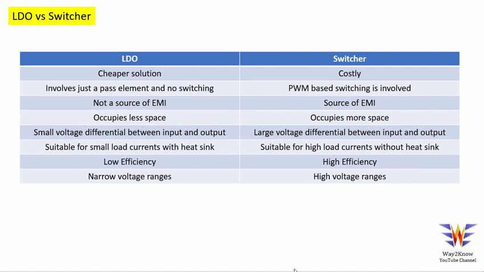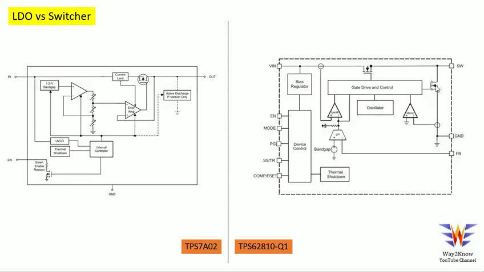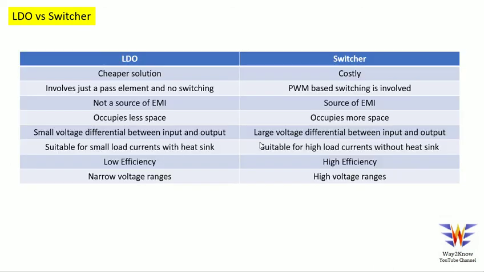There are some regulators where this MOSFET, called the switching element MOSFET, which is connected in parallel to the SW, is outside. In some regulators it is inside, so it is preferable that we select regulators that have these FETs internal to the IC, so that the circuit complexity will be lesser. But still, a switching regulator compared to an LDO is a costly solution.